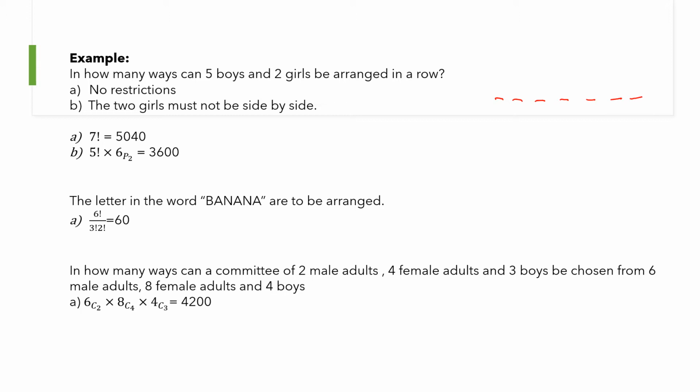And how am I going to arrange? Because there's no restriction, that means I can arrange it any way. So I start with boy 1, then boy 2, boy 3, boy 4, boy 5, girl 1, girl 2. But I also can start with boy 2 first, and then boy 3, boy 4, boy 5, boy 1, girl 2. So there are too many possible ways.